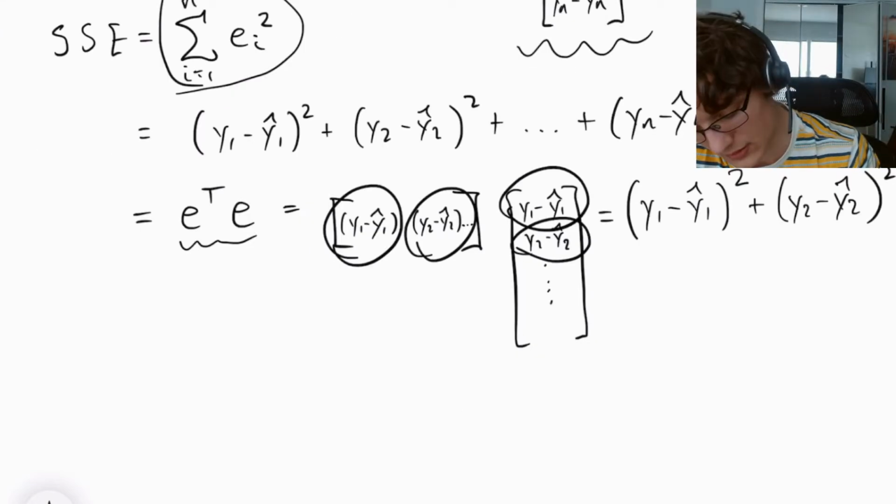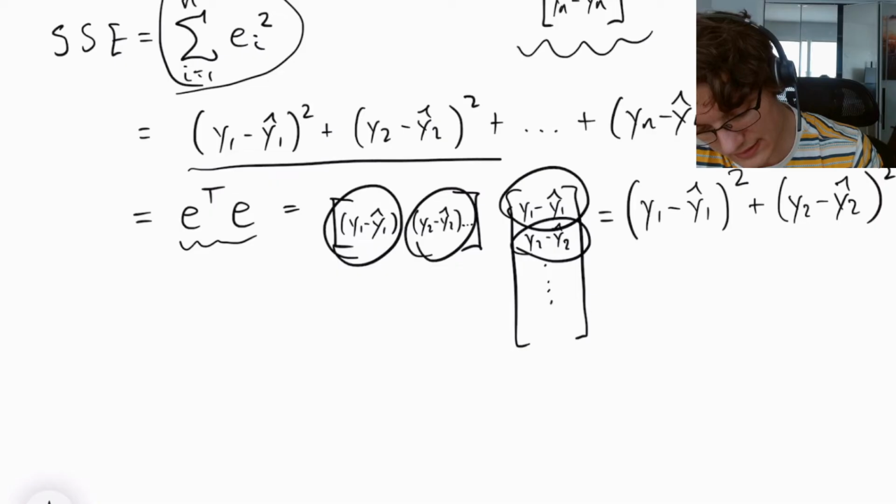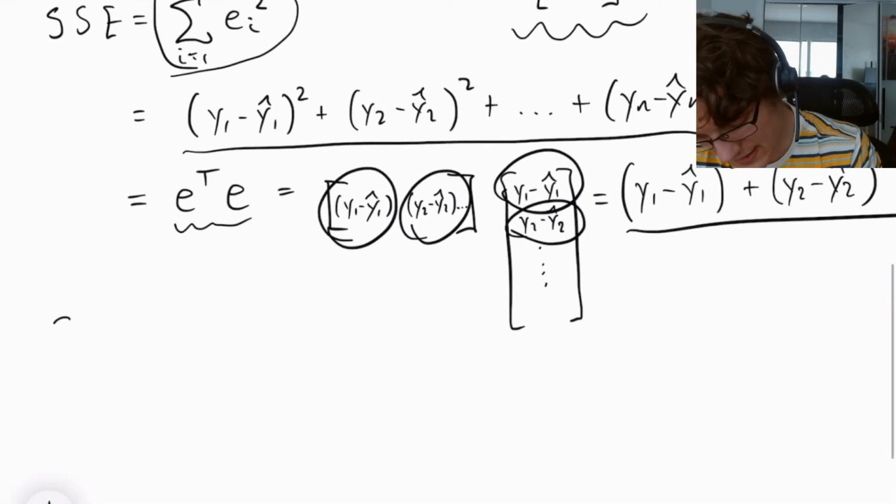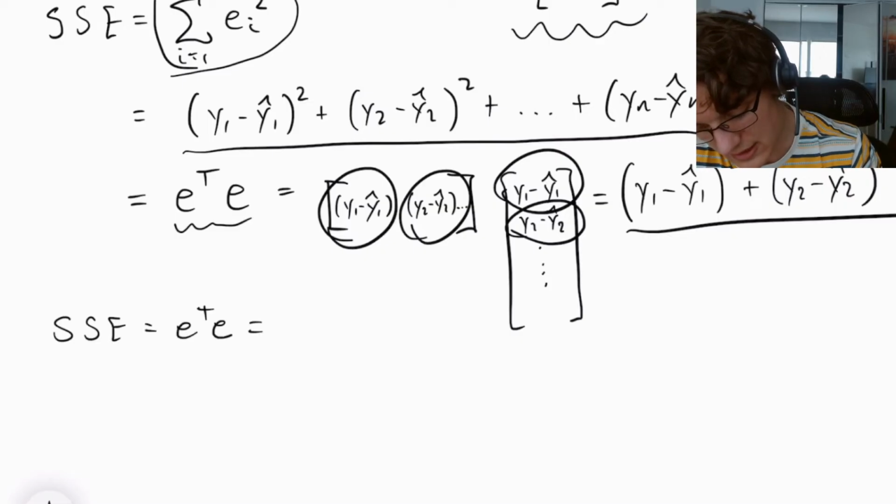Okay, so now that we know that this is equal to this, thus the sum of squared errors is equal to E transpose E, which is equal to the same thing as this summation.